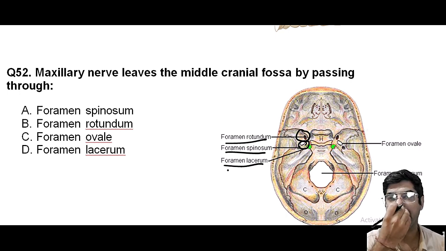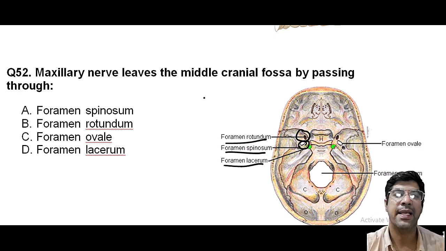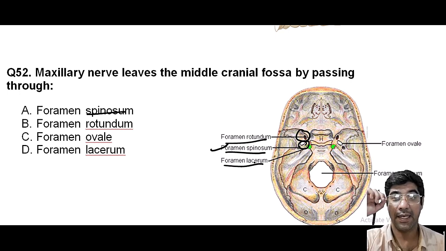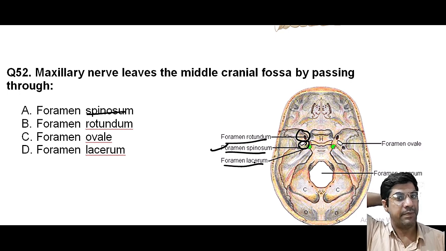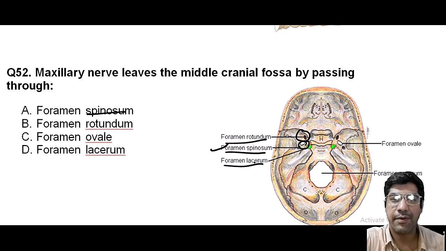The foramen spinosum is located in the middle cranial fossa and it is not related to the maxillary nerve. It transmits the middle meningeal artery and vein.